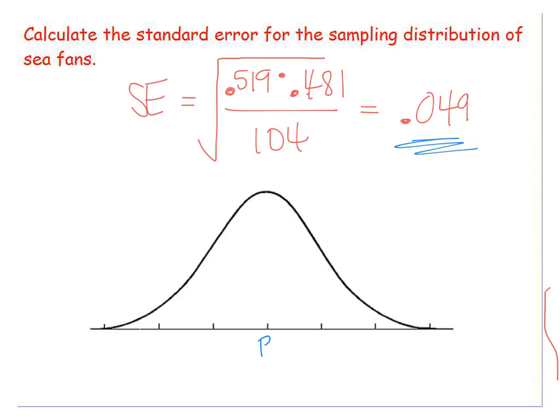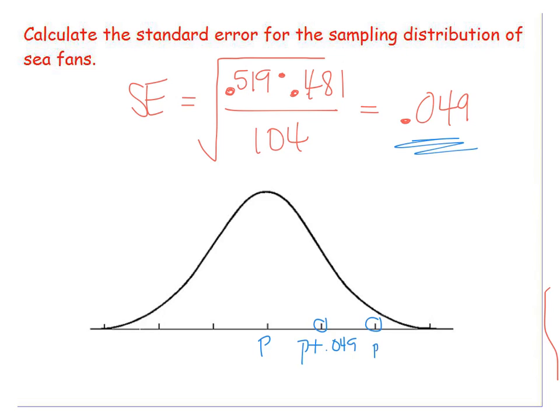So I'm going to go to the right. All I'm doing is to find this next little mark right here. I'm going to take P, which was the middle, and I'm going to add 0.049. Well, to find the next little mark, we're going to add to what we just wrote another 0.049.